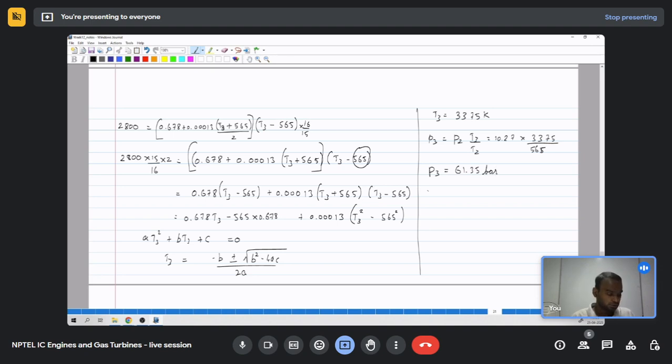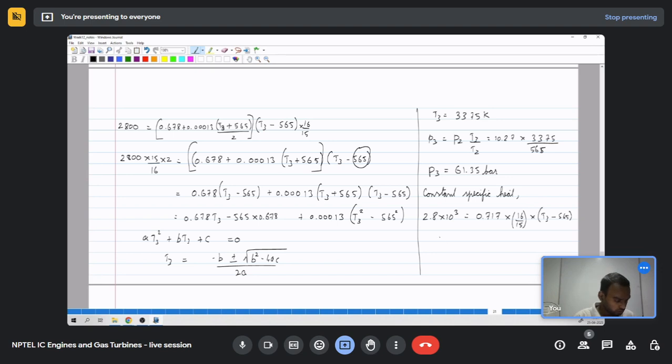Now assuming constant specific heat, we will have this 2.8 into 10 power 3 is equal to 0.717, CV, into m into delta T, so that is 0.717 into 16 by 15 for the mass, and then T3 minus 565.